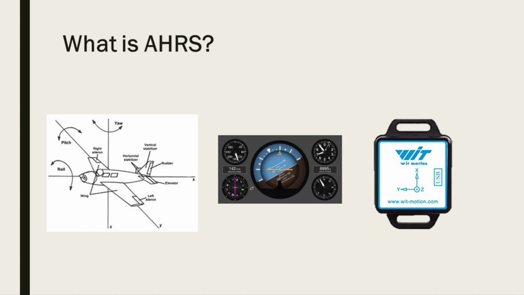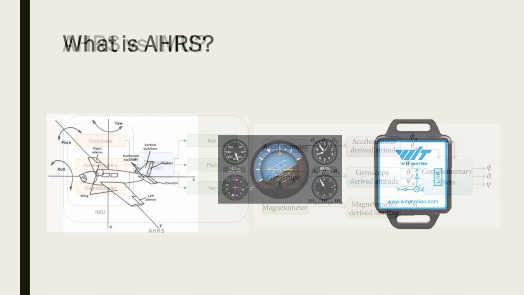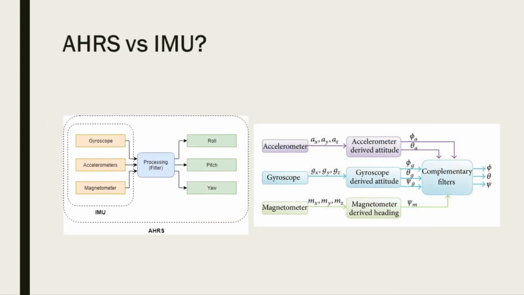So right now we know what AHRS is. But you might have heard about IMU. So what's the difference between IMU and AHRS? IMU is inertial measurement unit and AHRS is attitude and heading reference system. I'm going to talk in a very simplified form.